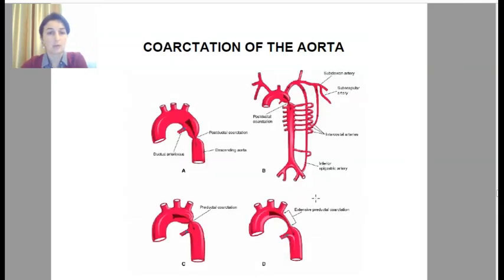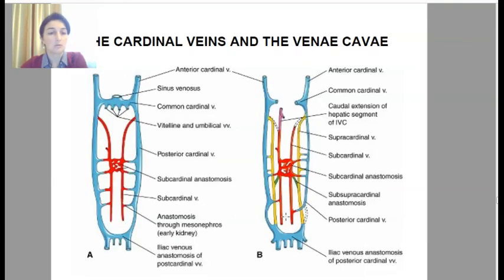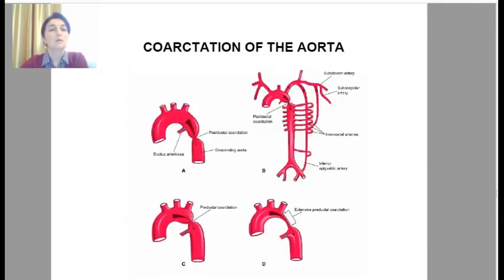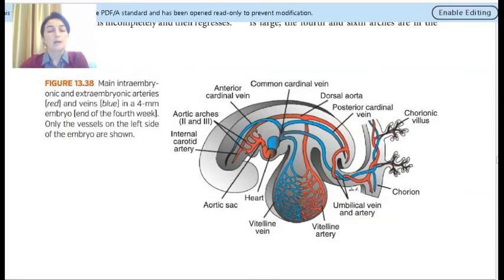And coarctation of the aorta, here we can see that's the contraction region, and the thin region may have long length, so that will cause problems.